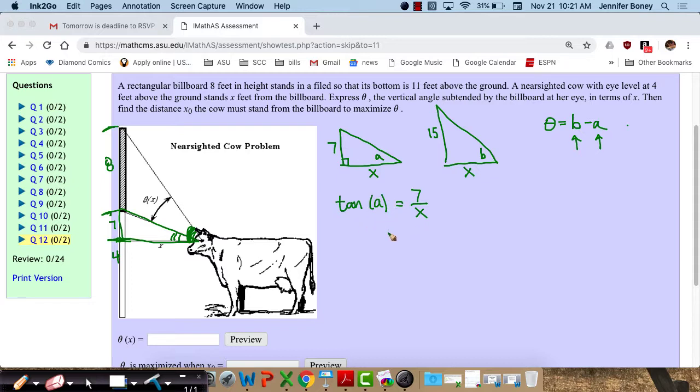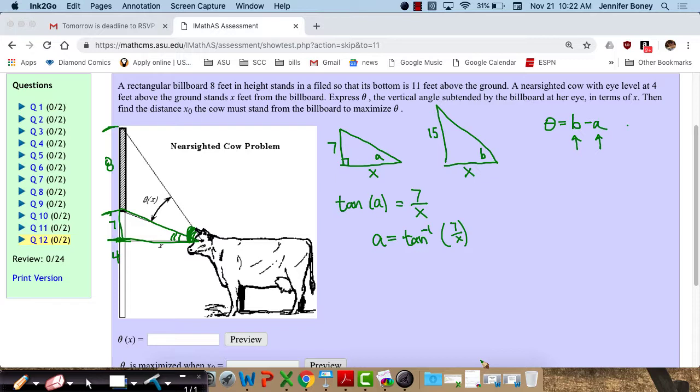This means the same as saying that A is the inverse tangent of 7 over X. So it just inverts the tangent function. The input to a tangent function is an angle and the output is a ratio. The input to an inverse tangent function is a ratio and the output is an angle. So those are just inverses of one another.